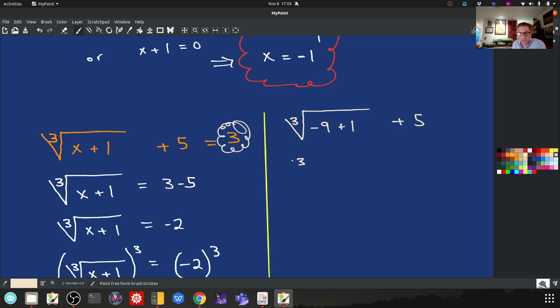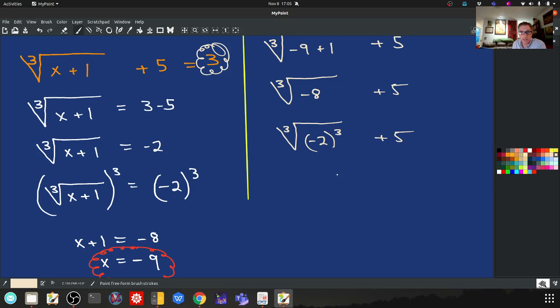Well, the cube root of -9 plus 1 is the cube root of -8, plus 5. Well, -8 is equal to -2 cubed. And the cube root of -2 cubed, by definition, is -2. -2 plus 5 indeed equals 3, and that's what we wanted it to be. So x equals -9 is the solution.